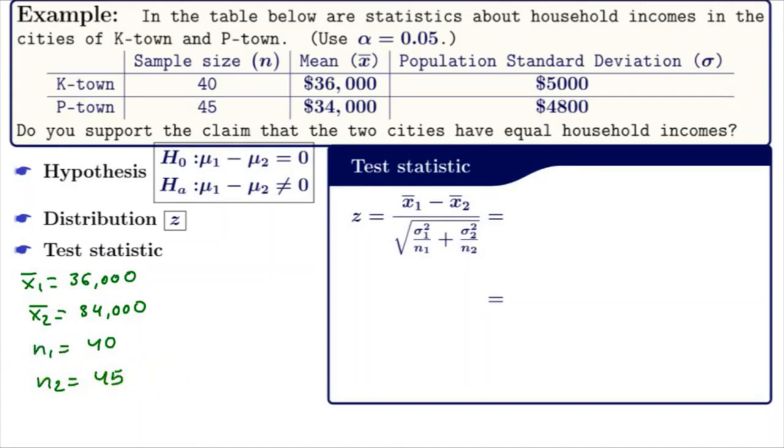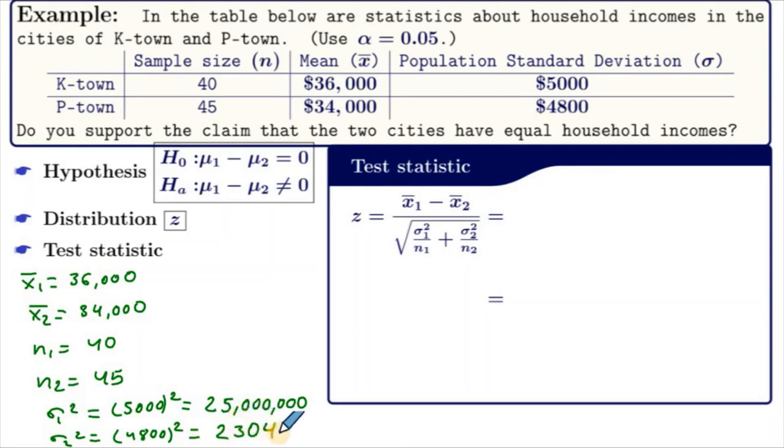Population variance of first sample, sigma 1 square, is 5,000 square, which is this. And population variance of second sample is this, which is 4,800 square. So that is equal to 230,400,000.